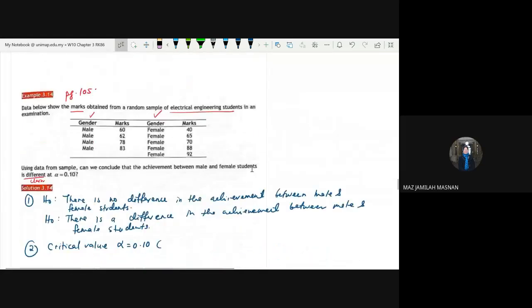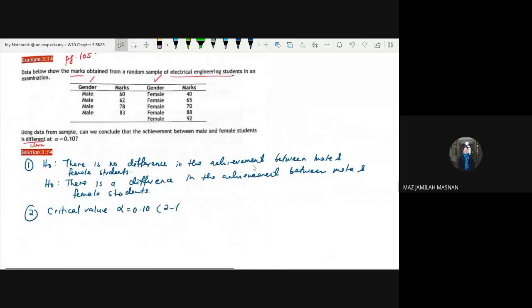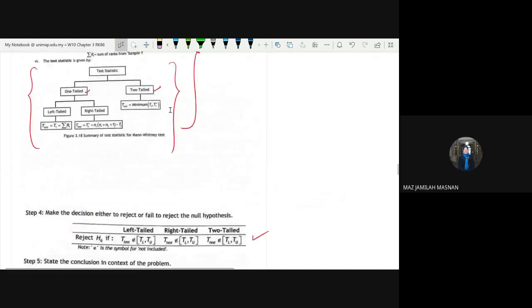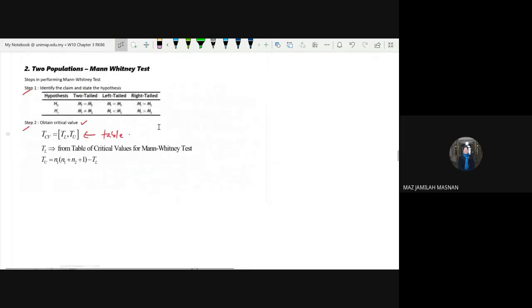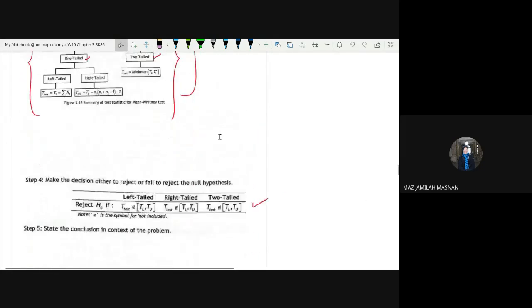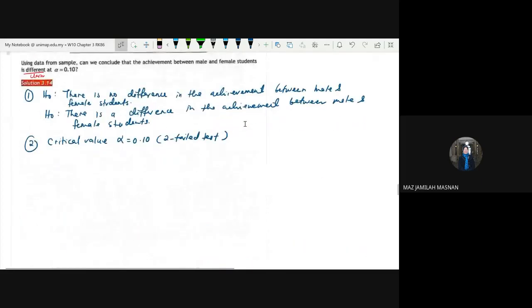Okay, so it is a two-tail test. So for our critical value, you will need to find TCV. Our TCV is obtained from T lower and T upper.